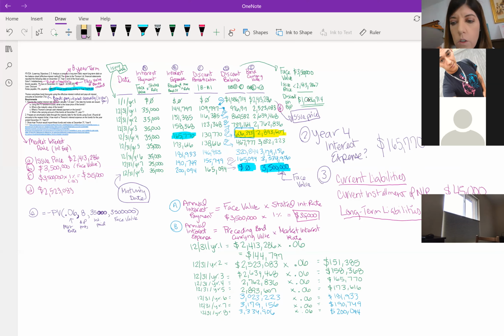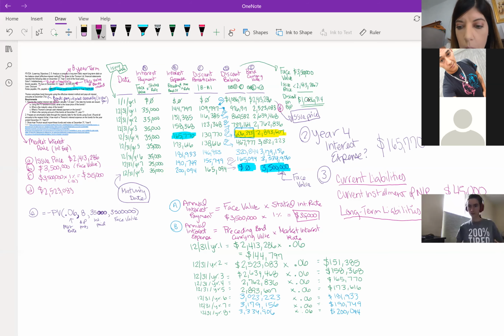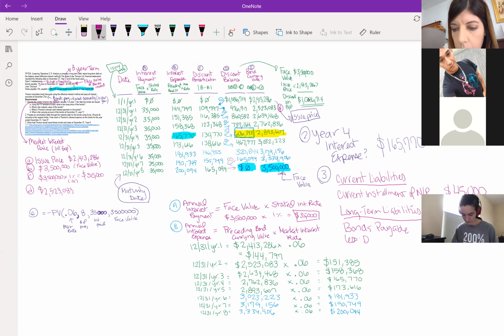So for my long-term liabilities, bonds payable is what you're going to start with. Face value of the bonds payable is 3.5 million. Less the discount on bonds payable, and this is where the error is, or the first part of the error.